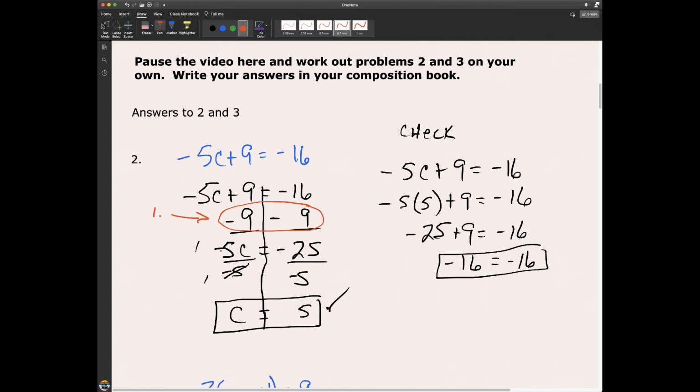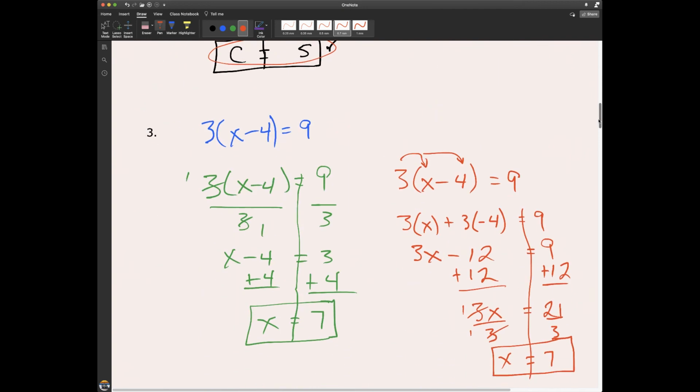And I end up with negative 5c all by itself. And then I divide both sides by negative 5. So there's the second step to my two-step equation. And that leaves me with c all by itself. And I check my answer. And so this is the solution to this equation. Hopefully you got 5.